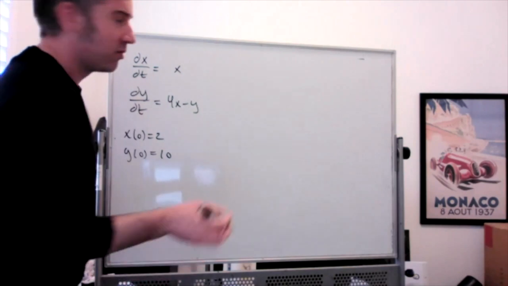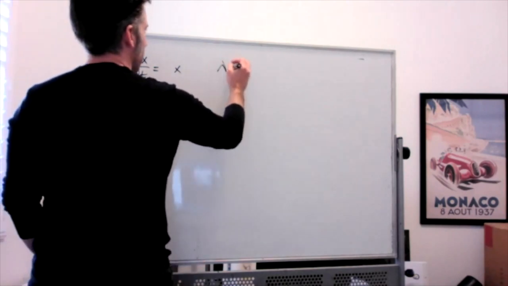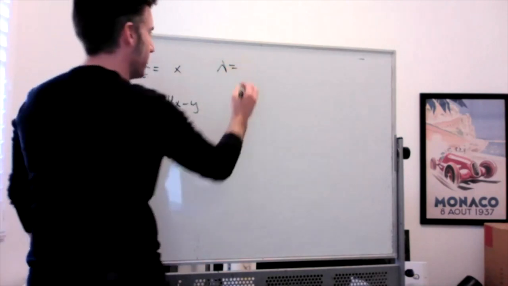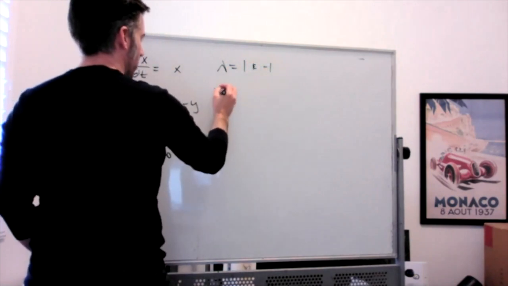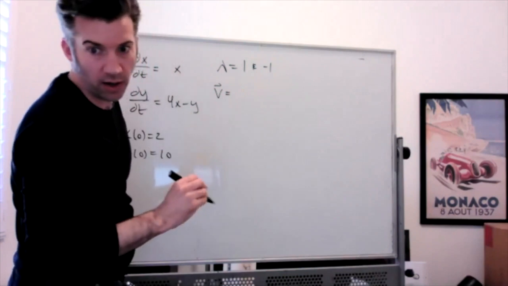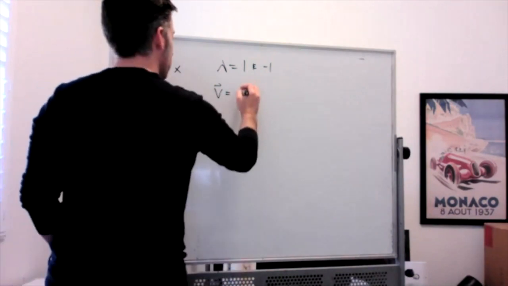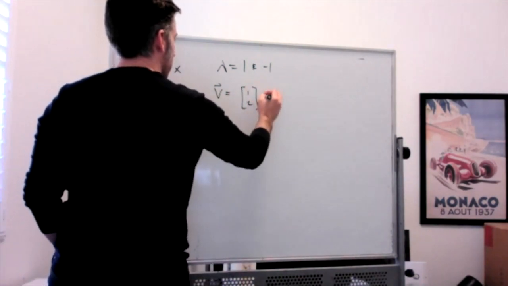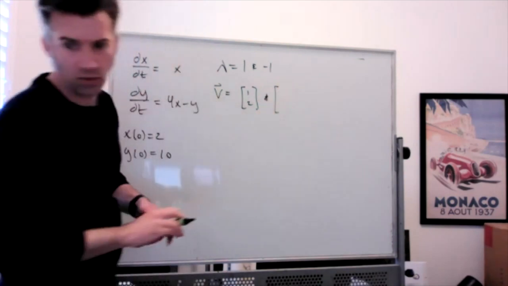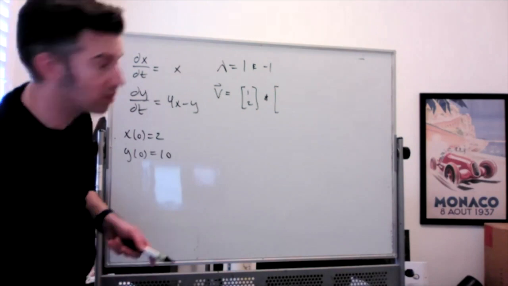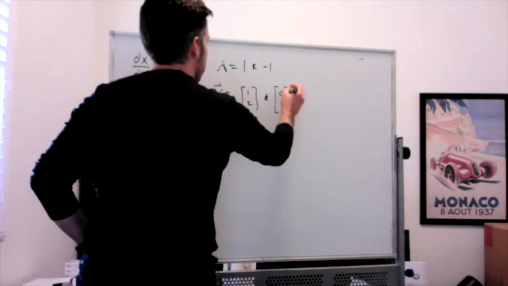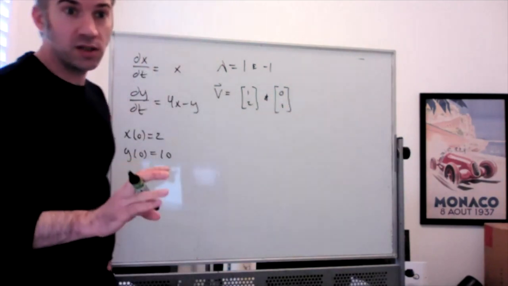We found the eigenvalues. The eigenvalues were 1 and -1. We found the corresponding eigenvectors. The eigenvectors were, let's see, 1, 2, and what was the other one? I think like 2, 3 or something. The other one was 0, 1, not 2, 3. And then we used this to solve the system of equations.